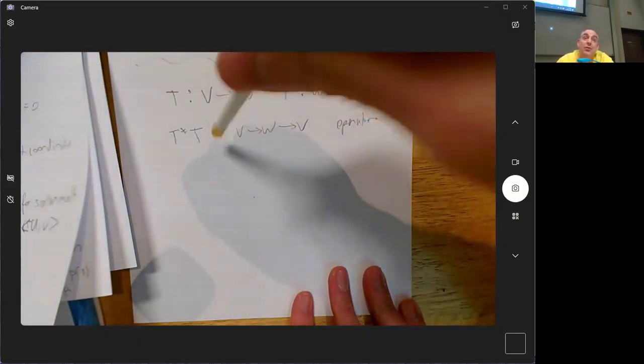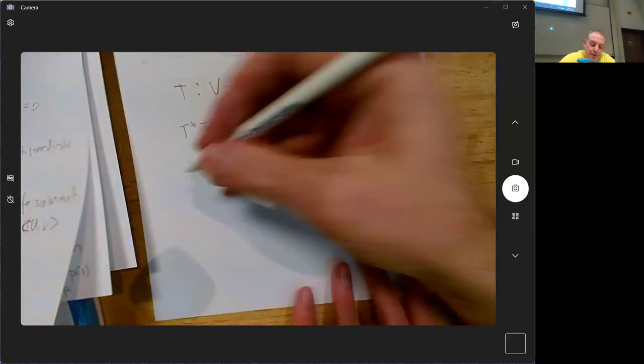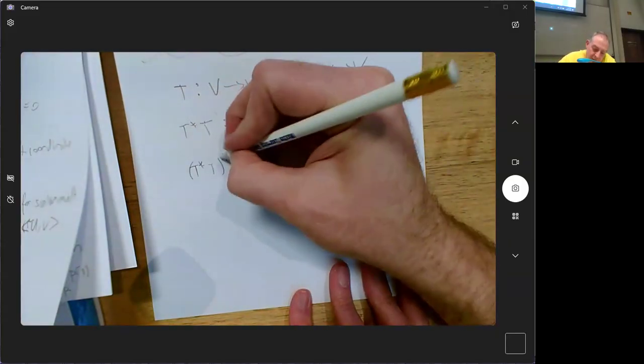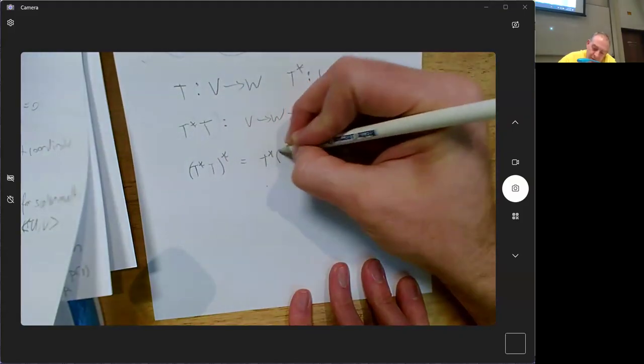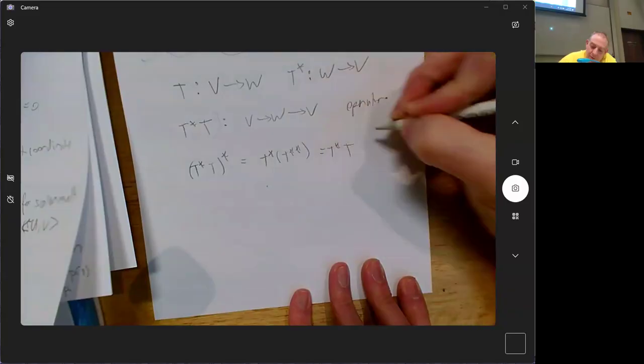T star T is self-adjoint because its adjoint is T star T star star, which is T star T, so it's self-adjoint.